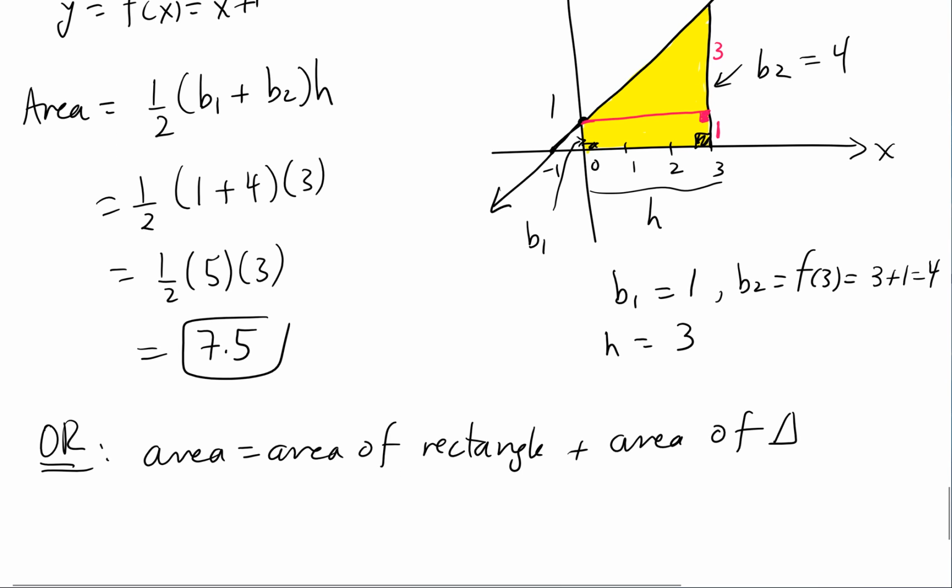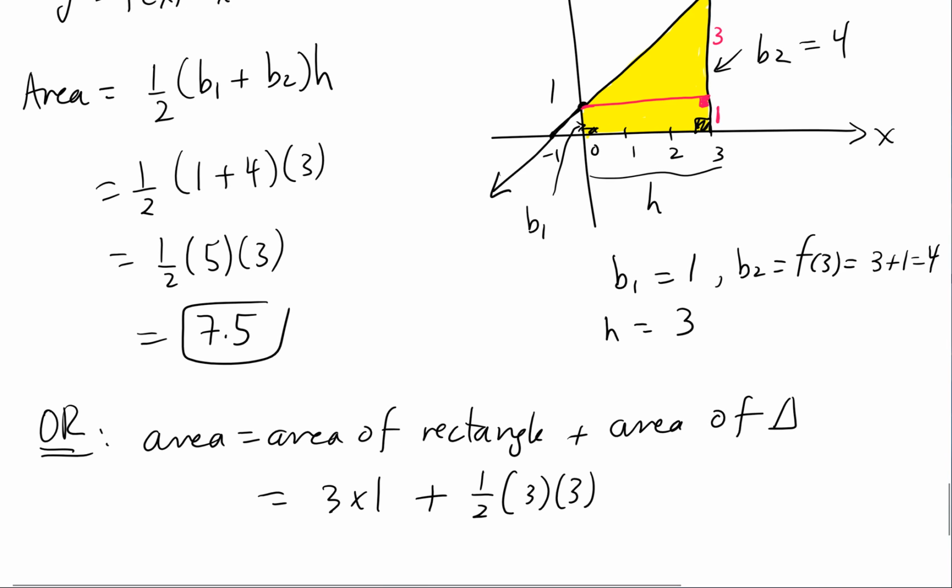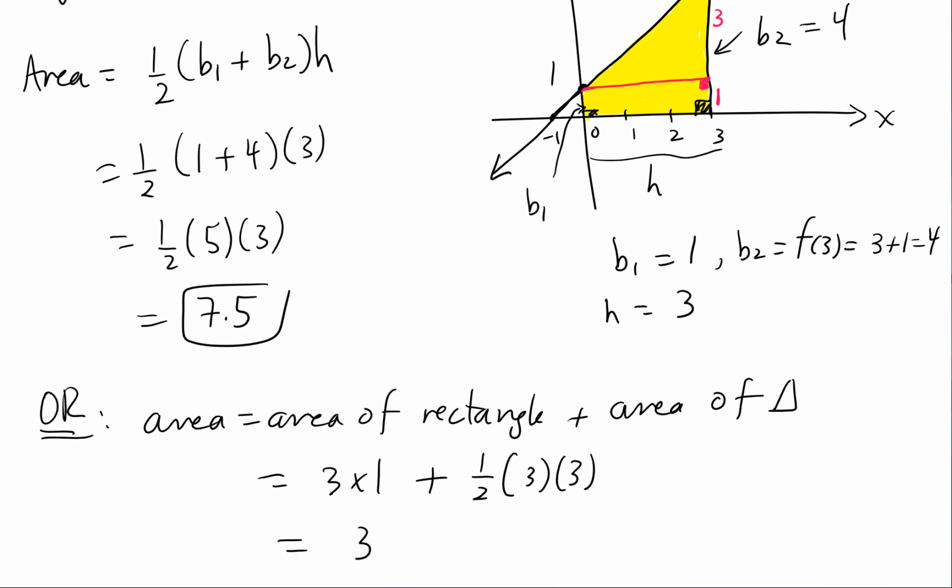What's the area of the rectangle? It's 3 times 1. The area of the triangle is 1/2, base is 3 and height is 3. So that gives us a 3 here plus 1/2 of 9. 1/2 of 9 is 4.5. And 4.5 plus 3 is 7.5.